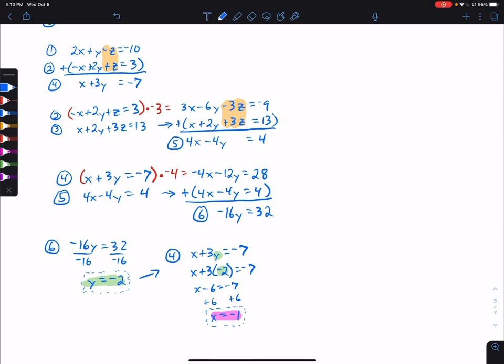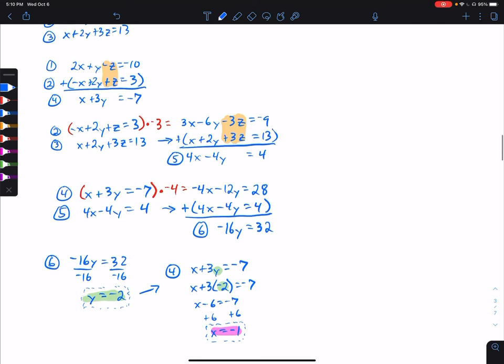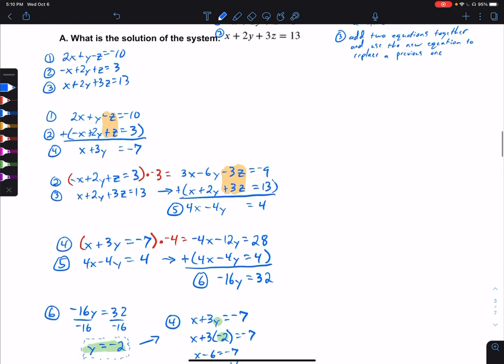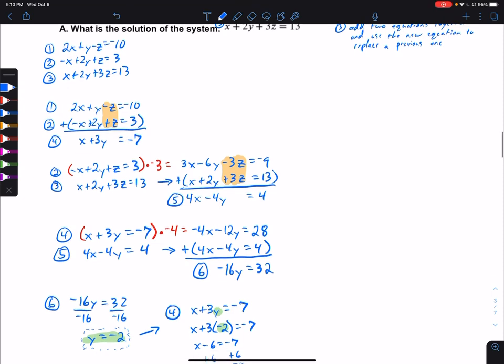And now that I have x and y, I can solve for z, and I can do that by plugging that into any one of my original equations, equation 1, 2, or 3. It doesn't matter which one you pick. Just be careful substituting, but any one will do. I'm going to pick equation 3 because there's no negatives, so that could make things a little bit easier.